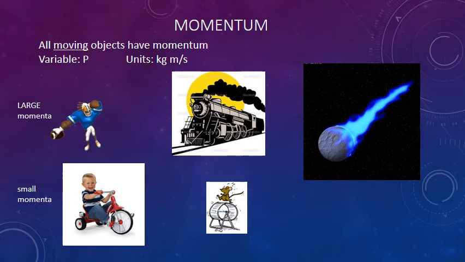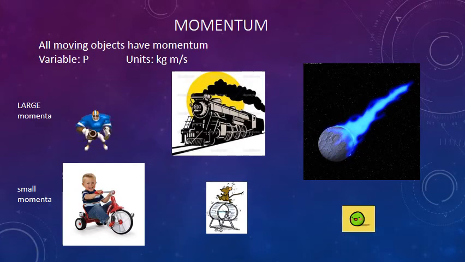It's actually a slightly different kind of momentum because it's spinning instead of moving sideways, but we'll go with it for now. Less momentum, of course, than the boy because it's smaller and not moving as fast. And a really small amount of momentum, that P. Of course, if it's just sitting on the table, it actually has no momentum. So an object that's not moving has no momentum at all.